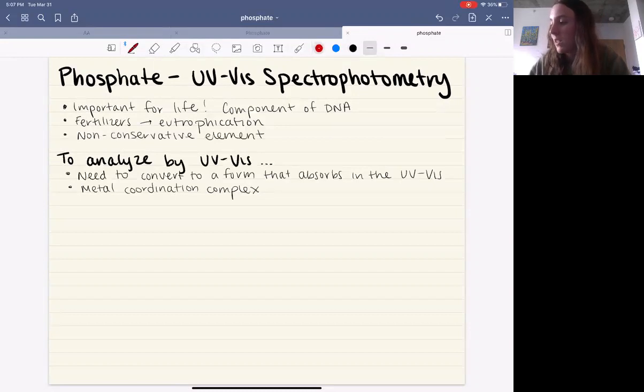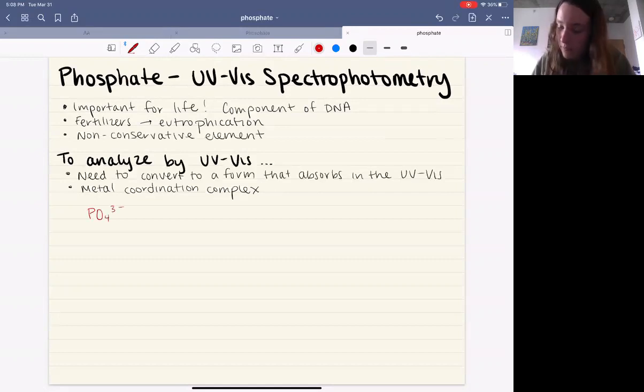Okay, so we're gonna be doing a reaction in this experiment where we're converting our phosphate into a metal coordination complex using molybdenum as the center metal. So here's how those reactions are going to go.